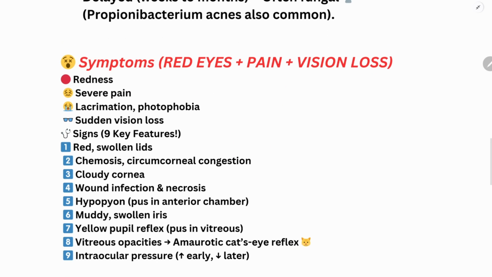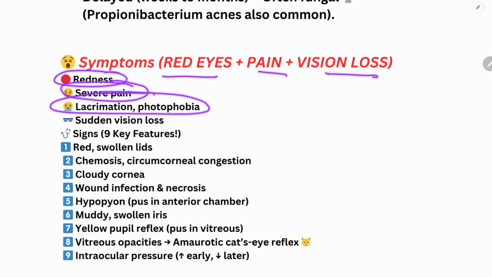Okay, and what are the symptoms here? As usual, the symptoms can be remembered by red eyes, pain, and vision loss. So there will be redness, severe pain, lacrimation, photophobia, and sudden vision loss. And the signs are, there are 9 signs. So what are they? Red and swollen lids. So they can be caused by chemicals.